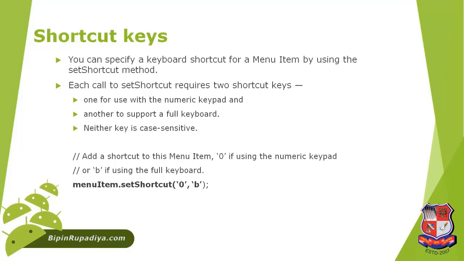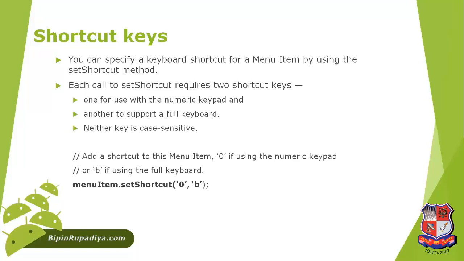So if you wish to set a shortcut for your menu item, you can set it with shortcut keys. You need to utilize one method, that is setShortcut. There are two shortcuts you need to provide. First for the numeric keyboard, and another for the full keyboard, like the QWERTY keyboards where alphabets are there.